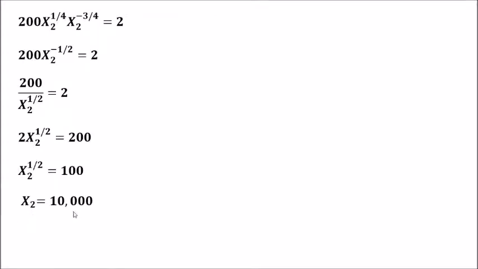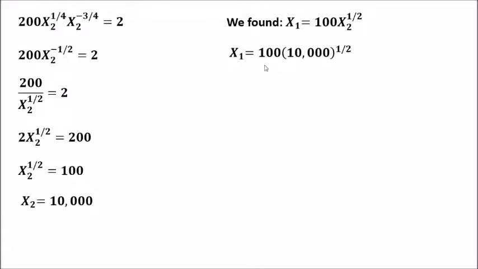We will use 10,000 units of input 2. On the last slide, we found input 1 equals this result, so making a substitution of 10,000 in here for input 2 and simplifying, we will also get 10,000 for input 1.